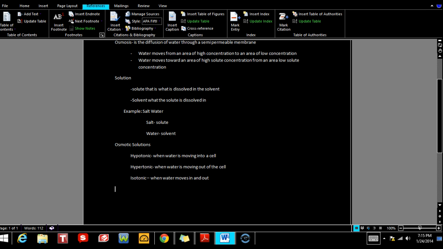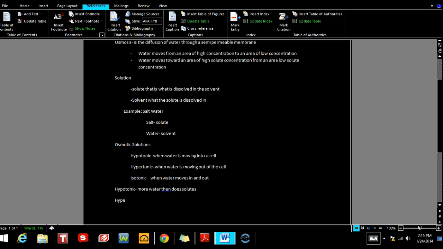So if we had a hypotonic solution, it has more solvent, or more water, than it does solutes.